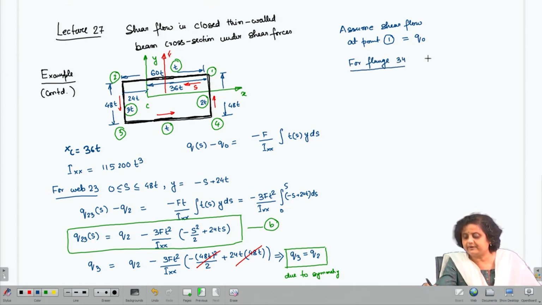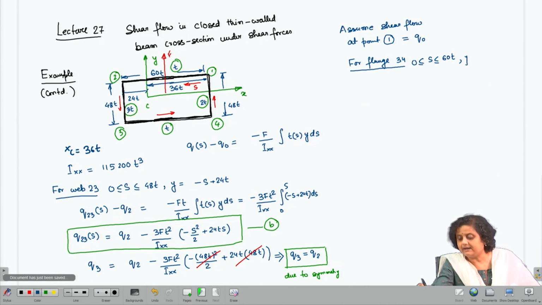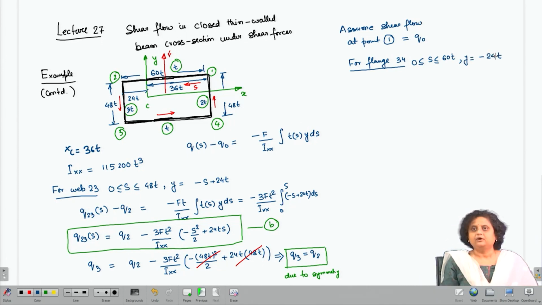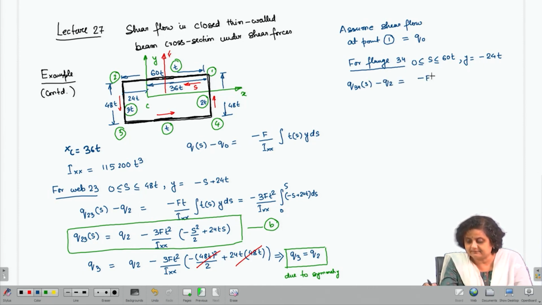So, for flange 3-4, S varies between 60t to 0 and Y is going to be minus 24t. So, if we know that, then we can say Q34S minus Q3 is going to be minus F by Ixx times the integral from 0 to S of t y ds.